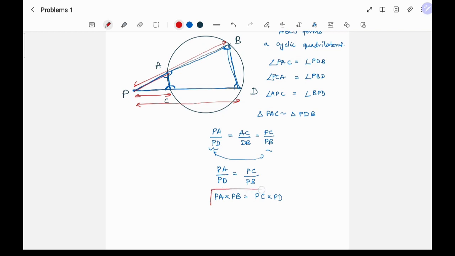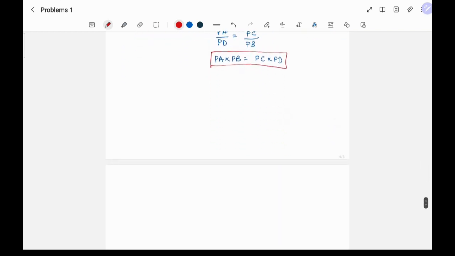So this is the property for any external point cutting through the circle. So I'll just draw separately. So take any external point, and if it cuts the circle through 2 lines and 4 points, AB and CD, then we have PA into PB is equal to PC into PD.